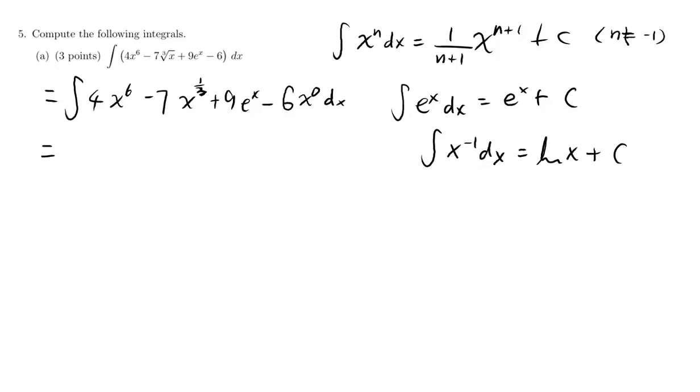You're supposed to add 1 to 6, which gives you 7, and put the reciprocal, that's 1/7. So it's 4 times 1/7. You're supposed to add 1 to 1/3, which is 4/3, and then you have to put the reciprocal of 4/3, which is 3/4.